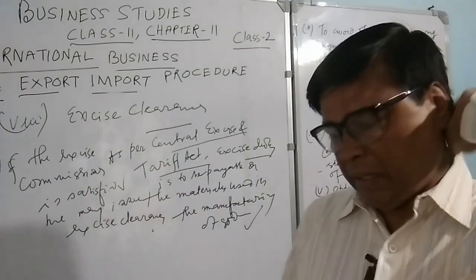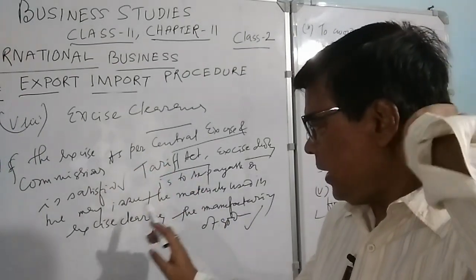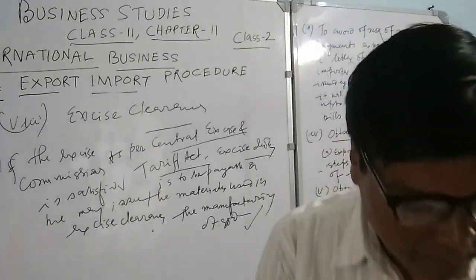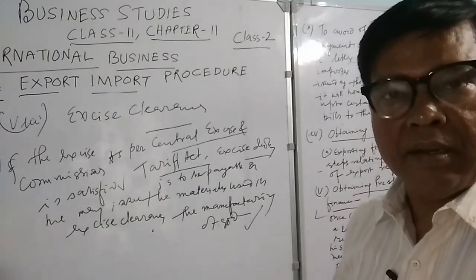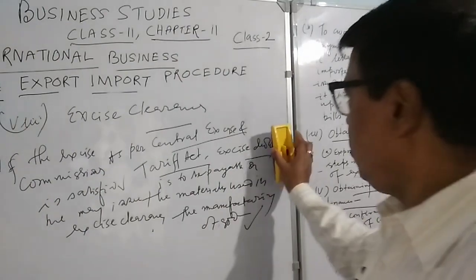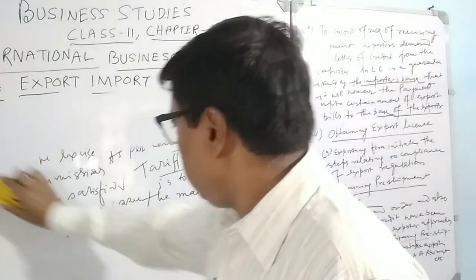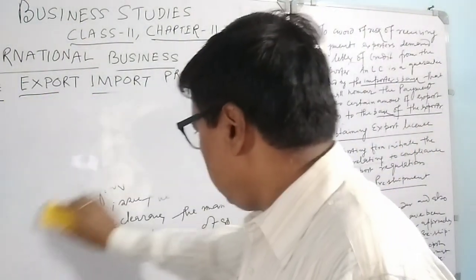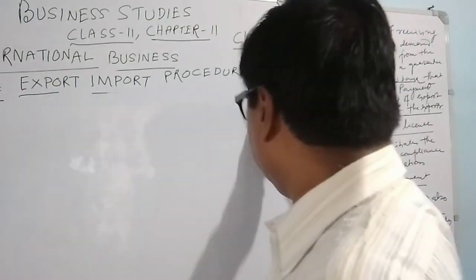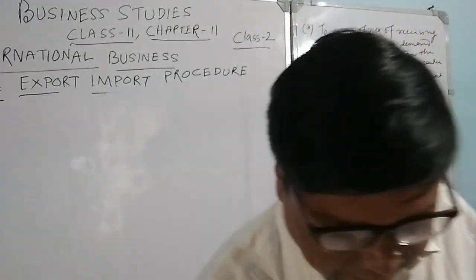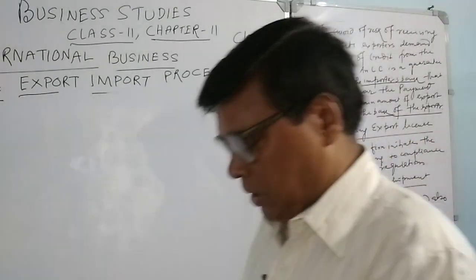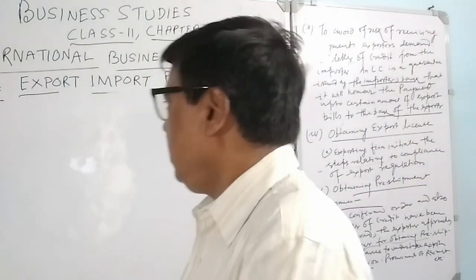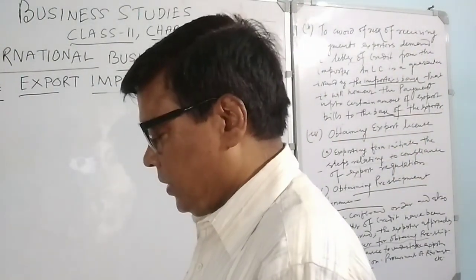In that respect, a clearance has to be received from the excise commissioner. This is the number 8 step, and you have to be very careful about this point, because it is totally technical for exporting goods. This is the excise clearance, we did it.